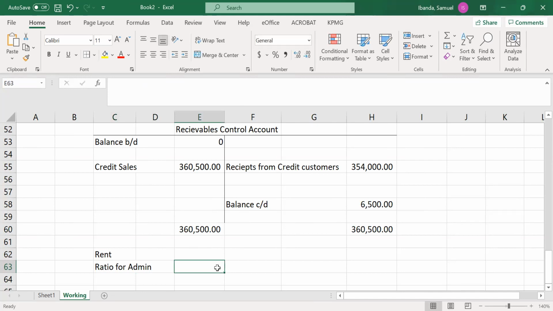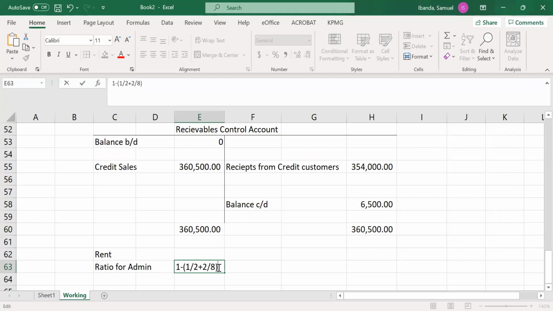I'm going to do 1 minus. Now the ratios they have given me on the other side are 1/2 and 2/8. So 1 minus 1/2 plus 2/8, but these are in brackets.